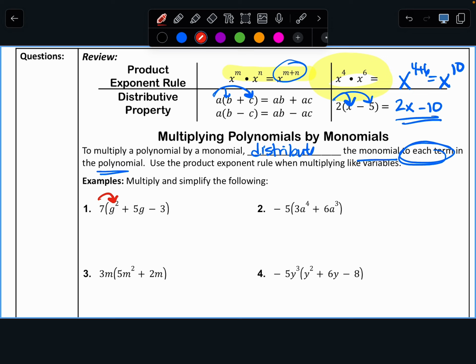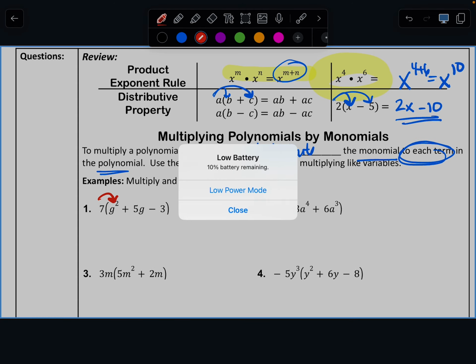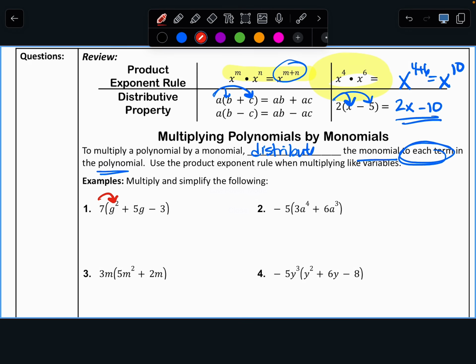So that's 7 times 1 g squared plus 7 times 5g minus 21. That's where I did each term times the 7.